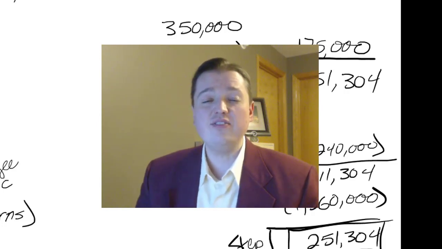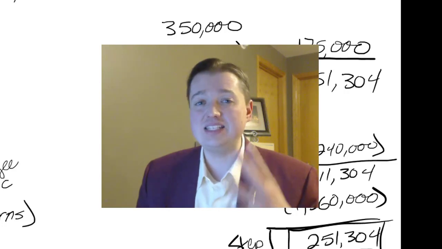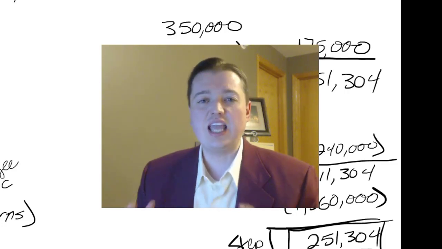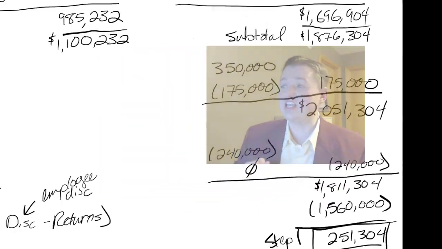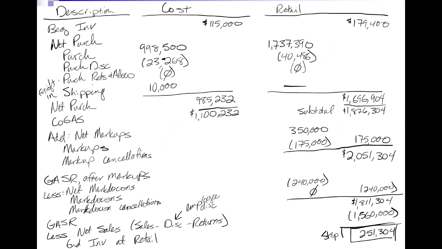Remember, under the retail inventory method, there are four main steps. The first of which is to calculate your ending inventory at retail. And we did that in our last segment, and it looked like this. A pretty big calculation to get to just one step. But again, remember, this one step is the same for all of the different retail inventory methods.